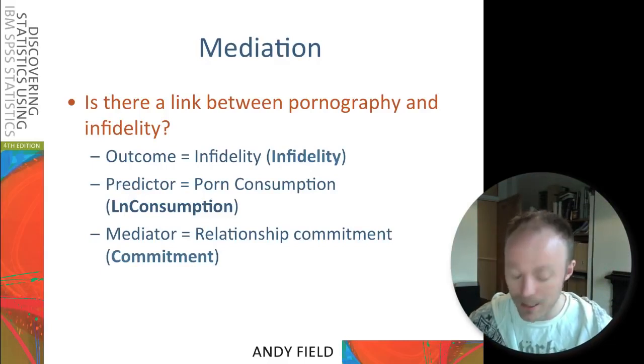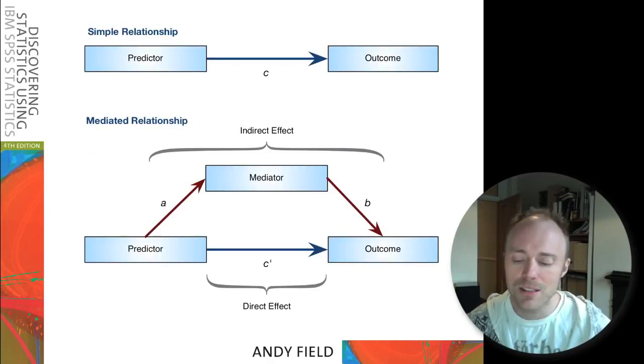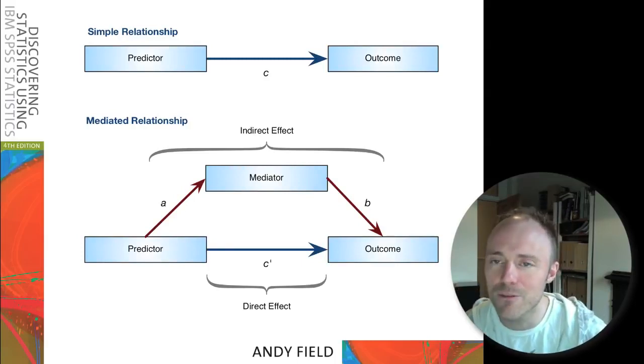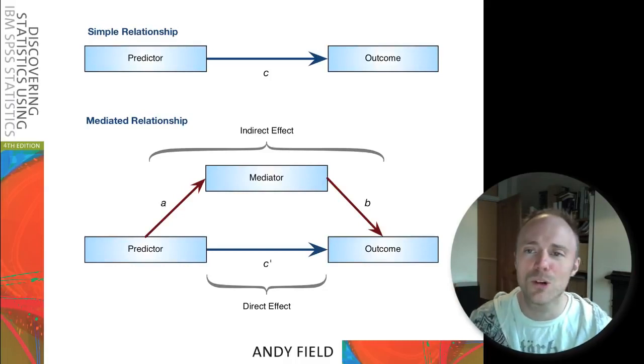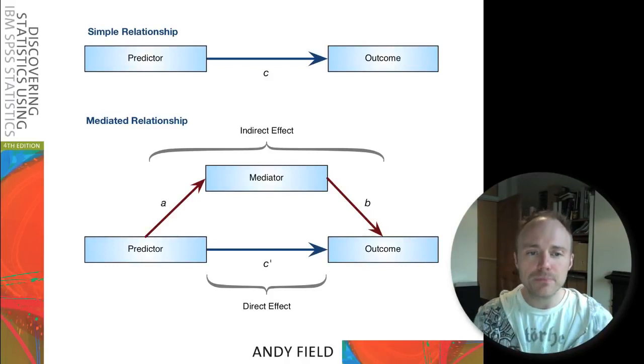Now, mediation is a different kettle of fish from moderation. Basically, you start off with some kind of relationship. In this case, we will be predicting that pornography consumption has a relationship with infidelity. So the more pornography you watch, the more likely you are to be unfaithful.